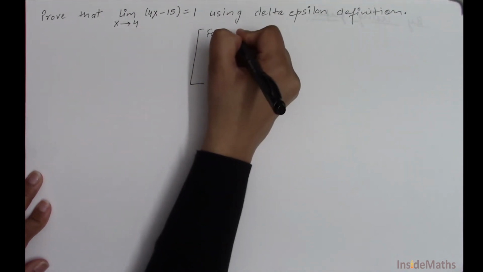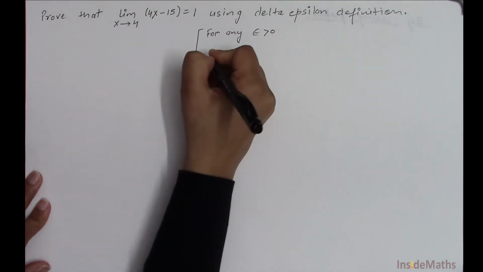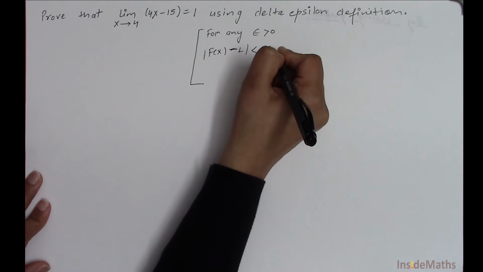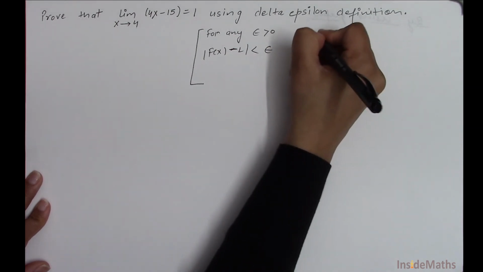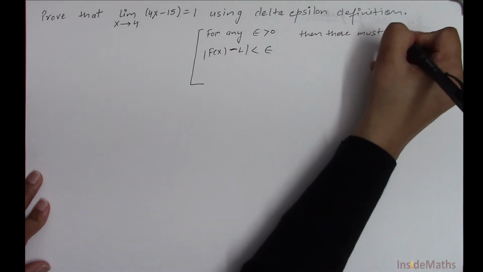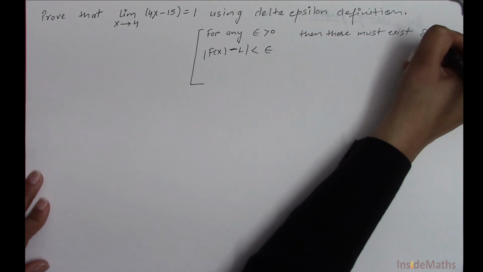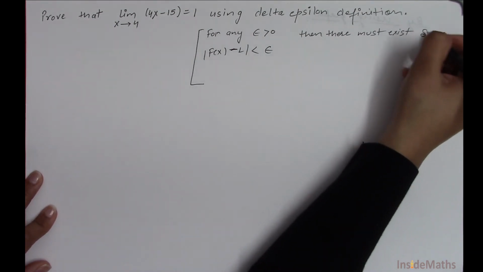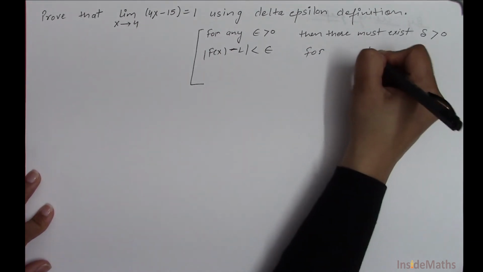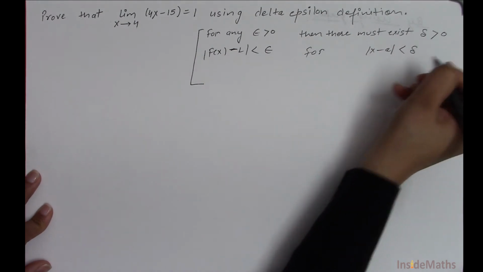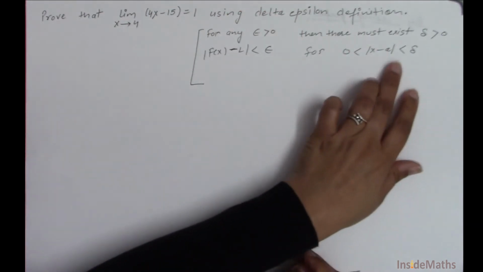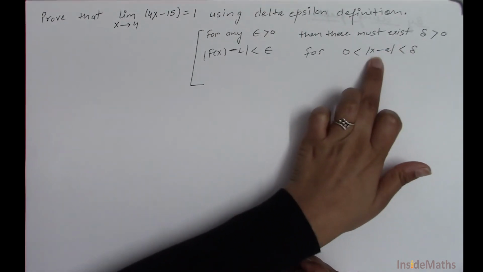For any epsilon greater than 0, if magnitude of f of x minus L is less than epsilon, then there must exist the point delta which is greater than 0 and it depends on epsilon. Then magnitude of x minus a should be less than delta and greater than 0. If we take this, then we must find a point delta for which this inequality is true.